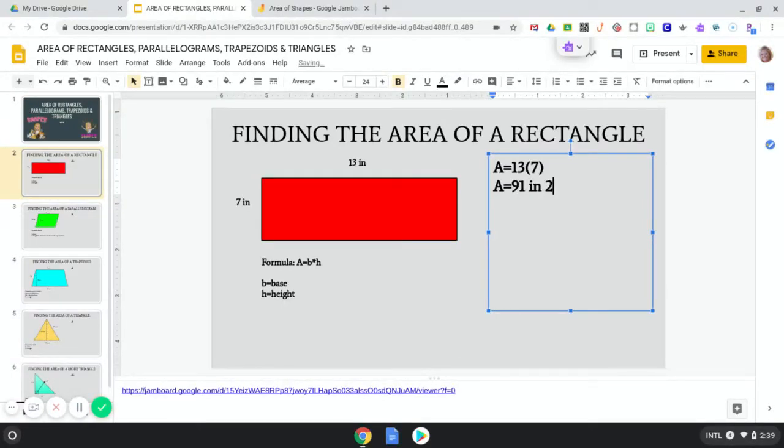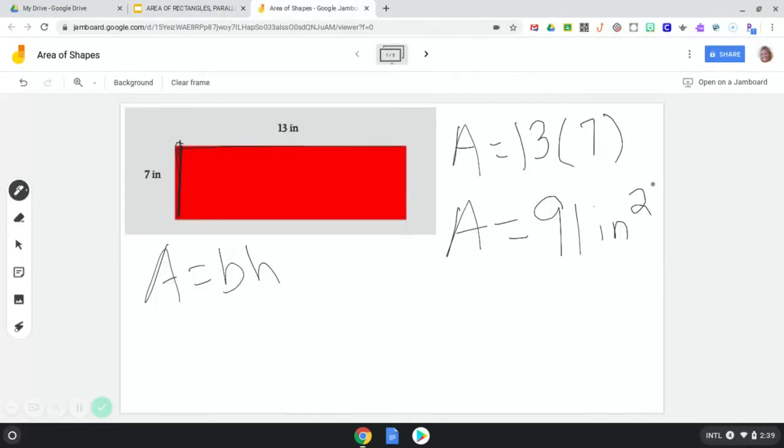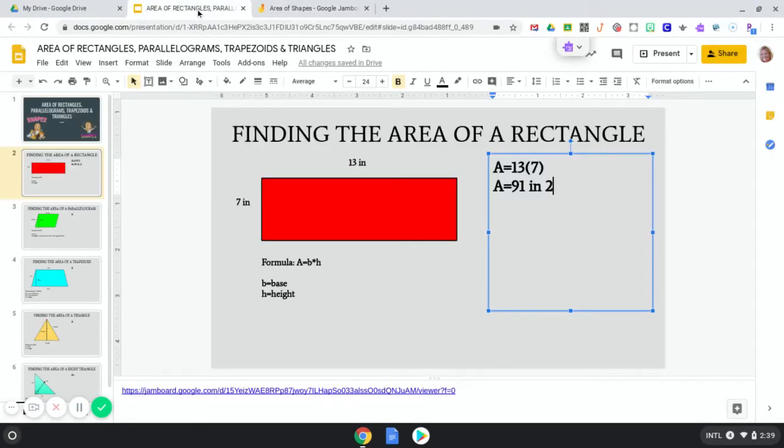I can't do the square on here, so that 2 just means squared, which means we multiplied 2 different dimensions together, 13 being the base and 7 being the height. Those are each dimensions. And over here in the Jamboard, you realize it looks like an exponent. That is because we multiplied 2 different dimensions, a base and a height, together. So that's why we do that.